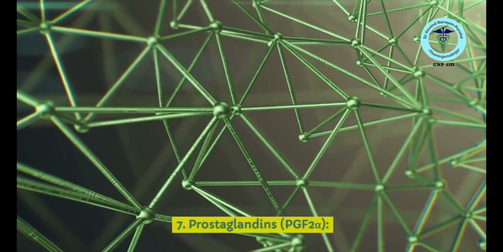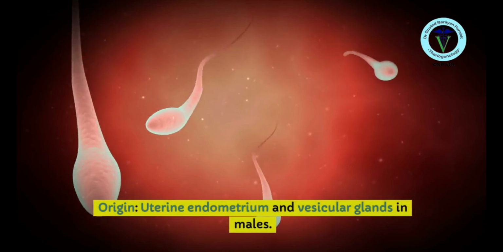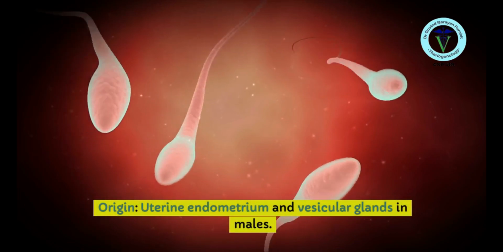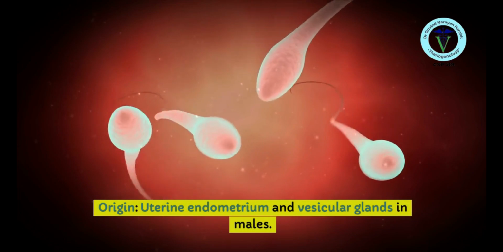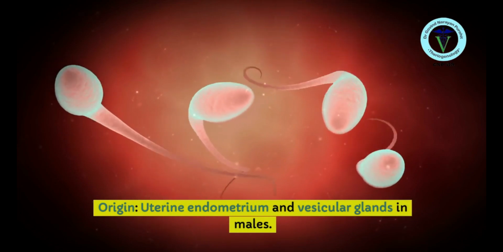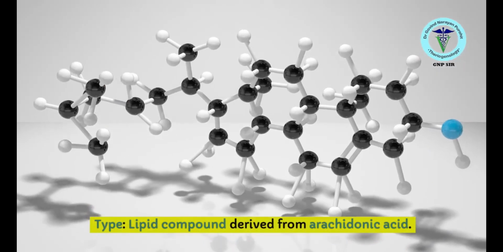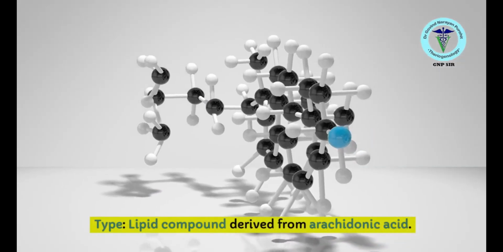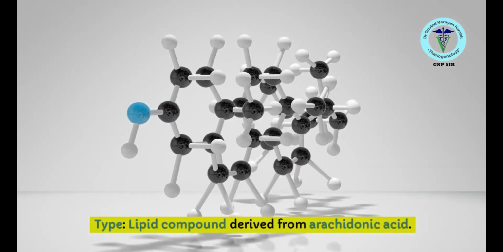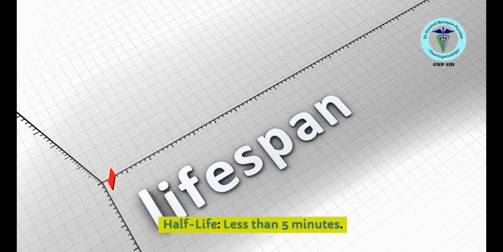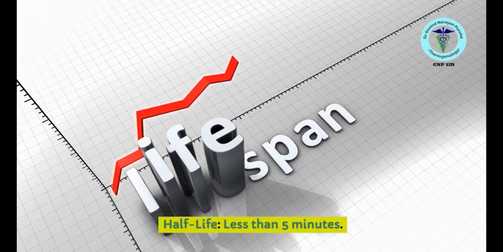And then the next hormone is prostaglandins. Prostaglandins are fatty acid derived hormones. The origin is uterine endometrium and vesicular glands in males. They are lipid compounds derived from arachidonic acid. Their half-life is less than 5 minutes.